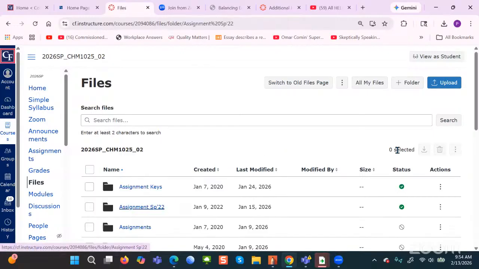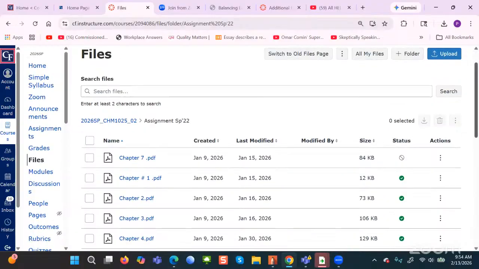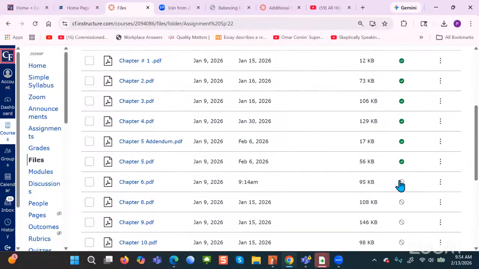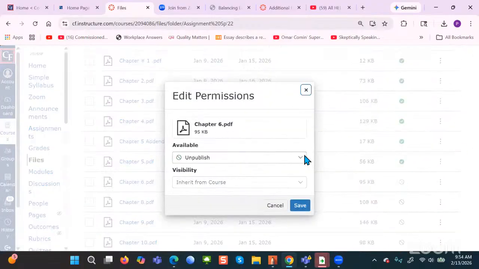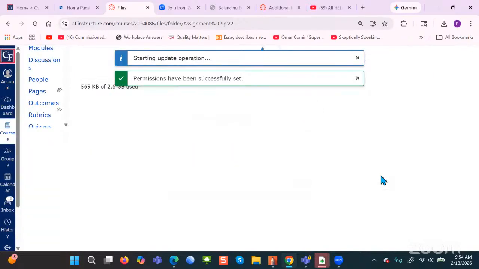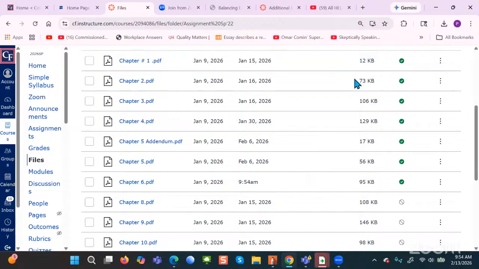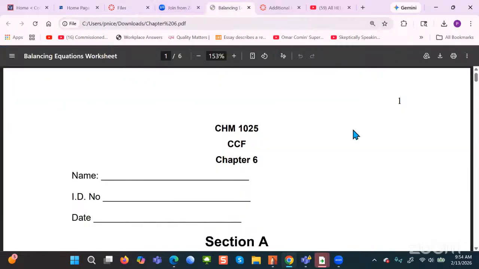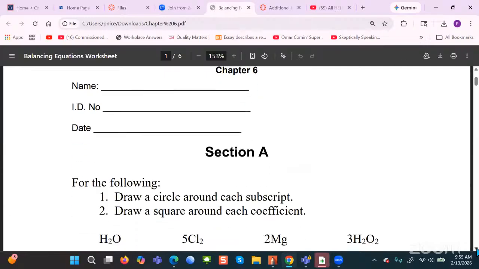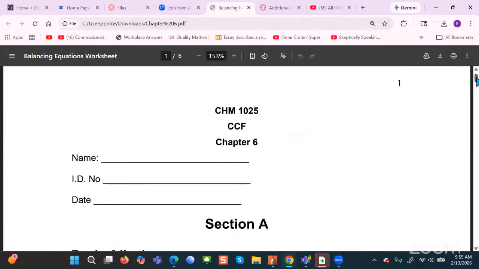So assignment number 6 is what we'll be focusing on today. For you guys out there in Zoom, you should now be able to access assignment number 6. I've just published it, all right? Okay, so this is assignment number 6.